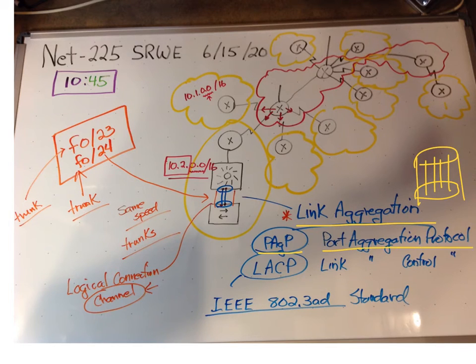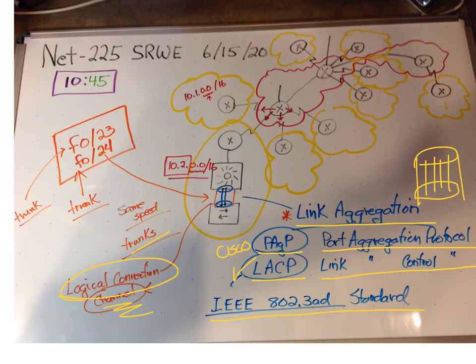You can use port aggregation protocol, which is Cisco proprietary, or you can use LACP, link aggregation control protocol, which is a standard. This is the one we used. So you can take some physical links and turn them into one logical connection, called a channel.